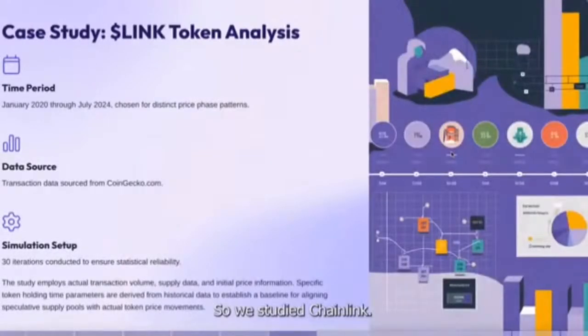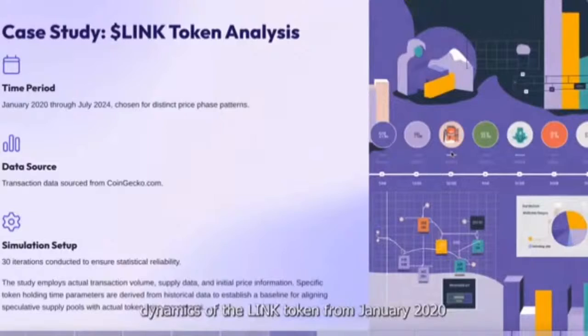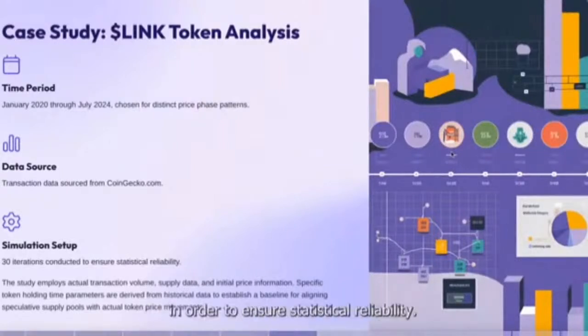So we studied Chainlink. Chainlink is one of the biggest crypto projects. It's an oracle, a data broker as well, which provides data to decentralized projects. We studied the price dynamics of the LINK token from January 2020 all the way to July 2024. The transaction data was sourced from CoinGecko, and we ran multiple simulations, 30 iterations of that simulation multiple times, in order to ensure statistical reliability.